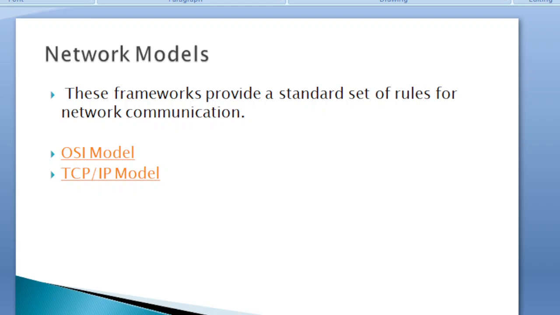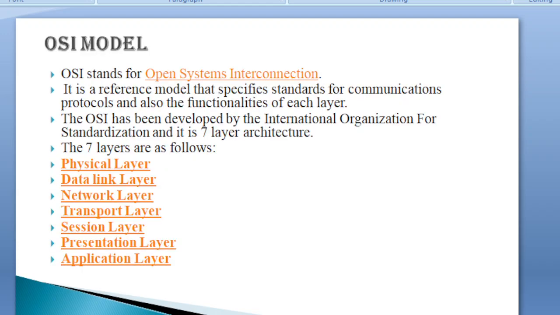the network. So, in this class, I am just giving the idea about the OSI model. OSI stands for Open System Interconnection. It is a reference model that specifies standards for communication protocols and also the functionalities of each layer.